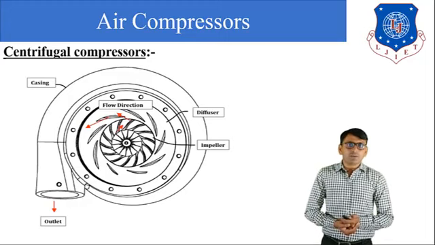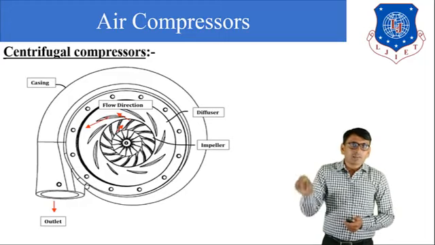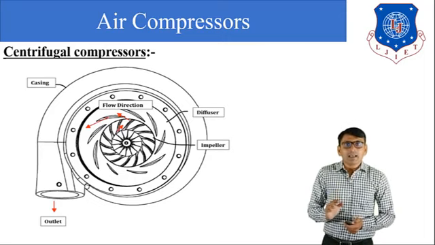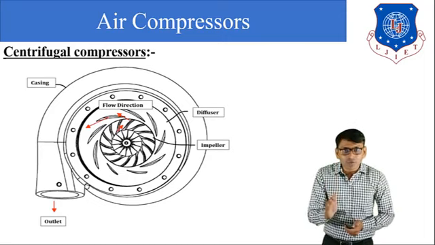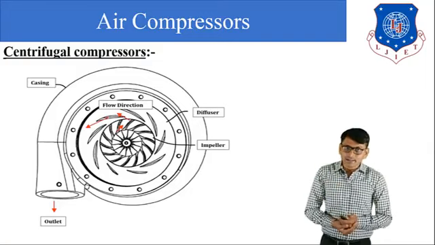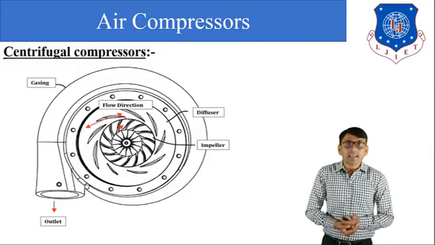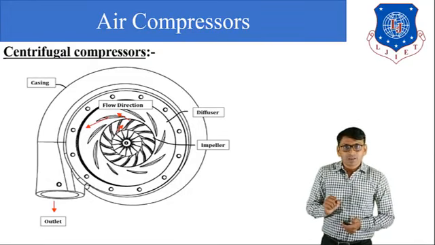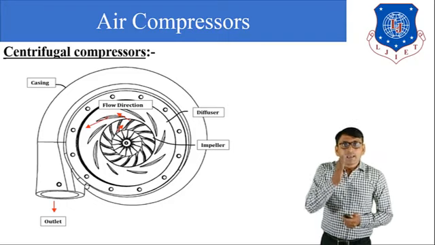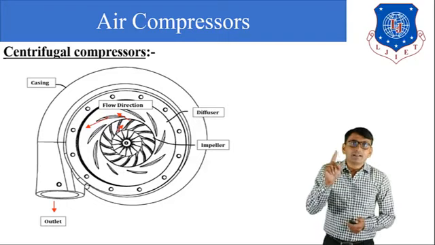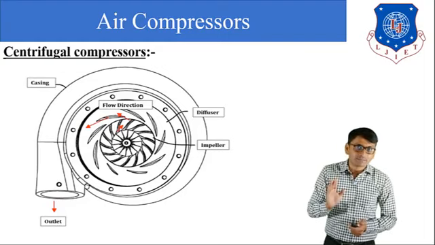Due to rotation of the impeller, centrifugal force is produced, and due to centrifugal force, air enters into the casing and rotates in the impeller blade. When air exits from the impeller blade, its pressure increases and velocity also increases.